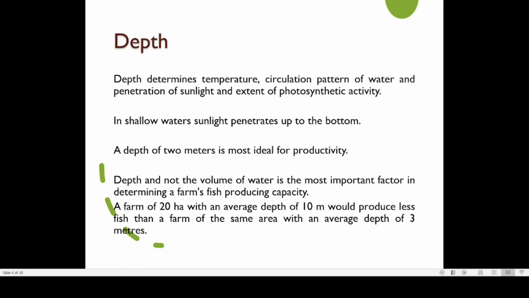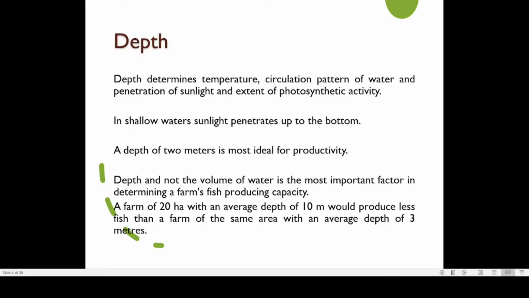So deeper the pond, cooler the water; shallower the pond, higher the water temperature. There is a direct relationship between water temperature and depth. In a deep pond, the water will always be cooler.